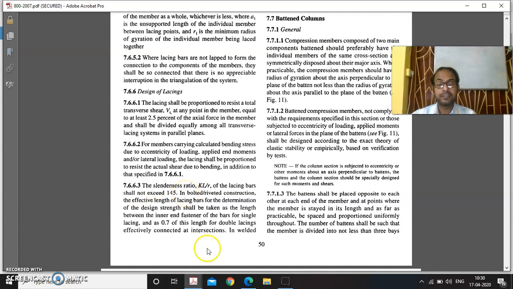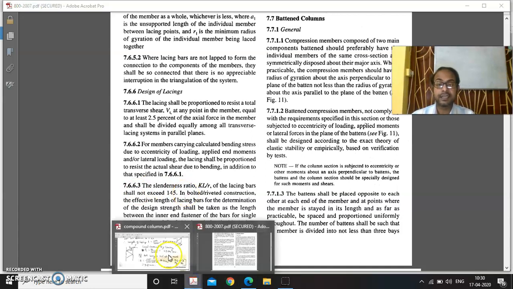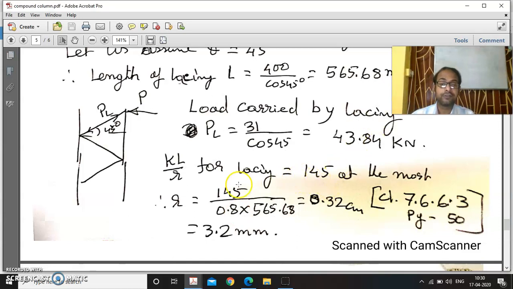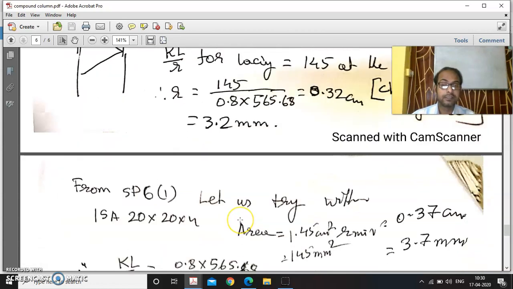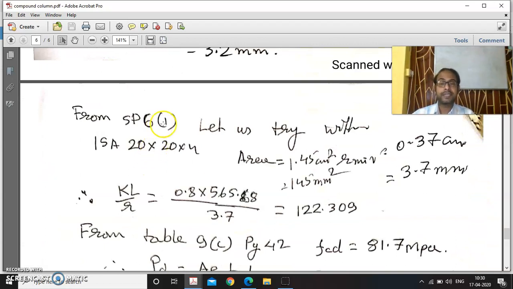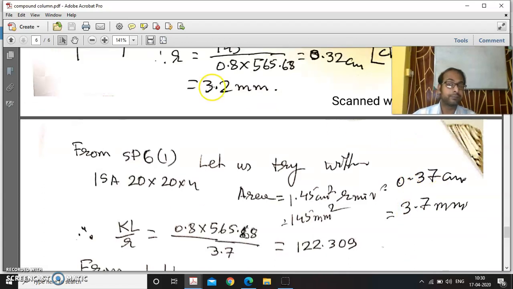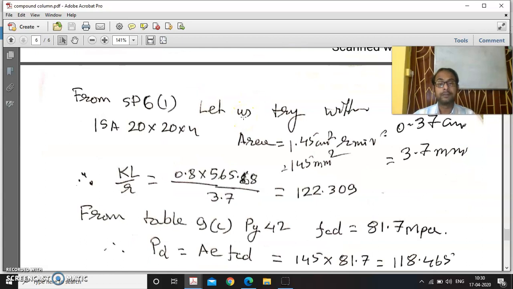So let us take this value 145 to find the r minimum required. r minimum required is coming as 0.32 centimeter, that is 3.2 millimeter. From SP6, let us try ISA 2024, which is a very small section, but it has area equal to 1.45 centimeter square and r minimum equal to 0.37 centimeter, that is 3.7 millimeter. The requirement is 3.2 millimeter, so I have taken a bit higher one.